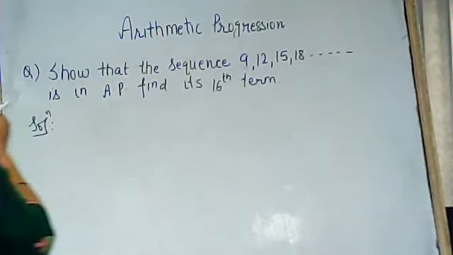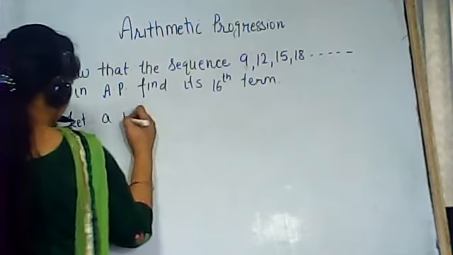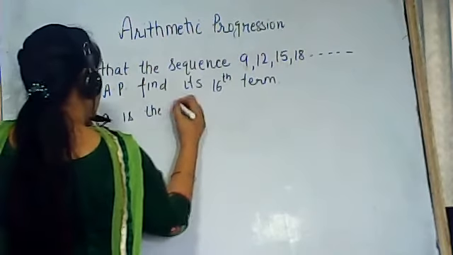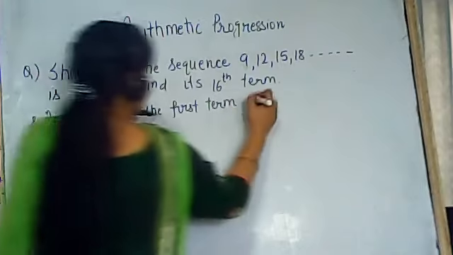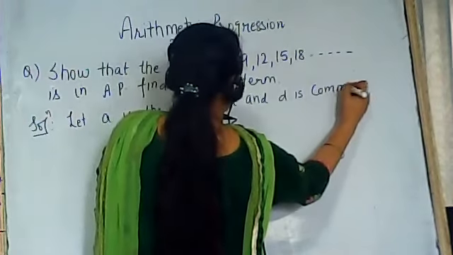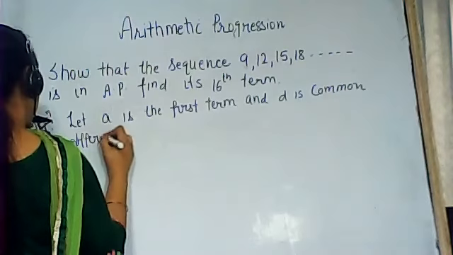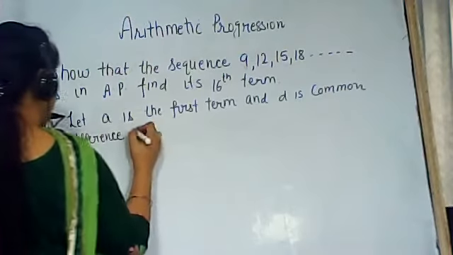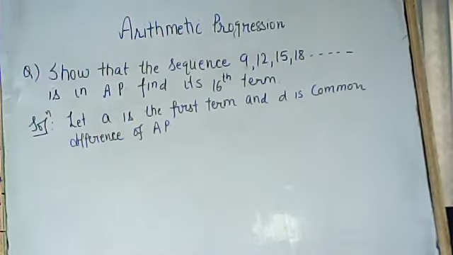So beta, what we have to do, first of all, let A be the first term. The first term is always denoted by A. And D is the common difference of the AP. Let us consider that A is our first term and D is the common difference of the arithmetic progression.